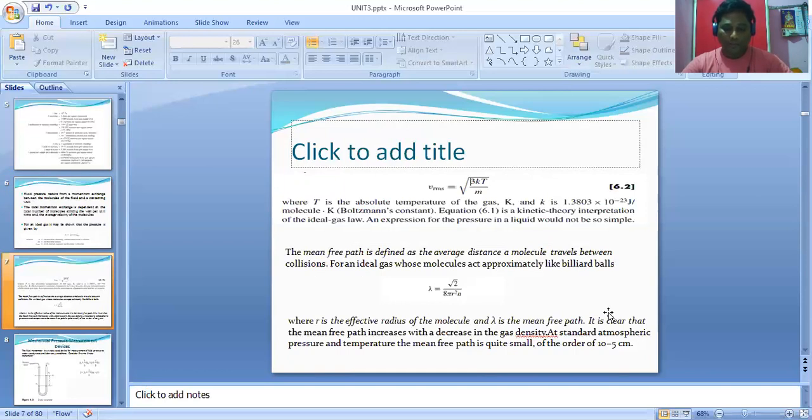Okay, at very low pressure the mean free path may be significantly greater than a characteristic dimension of the containing vessel. So the relation for mean free path reduces to lambda is equal to 8.64 into 10 power minus 7, from the 10 power minus 5 centimeter.